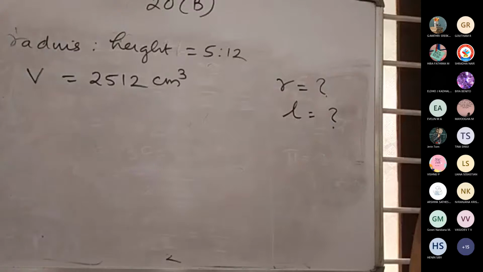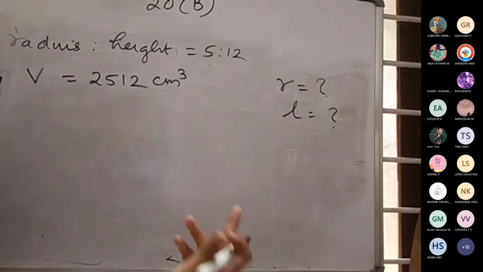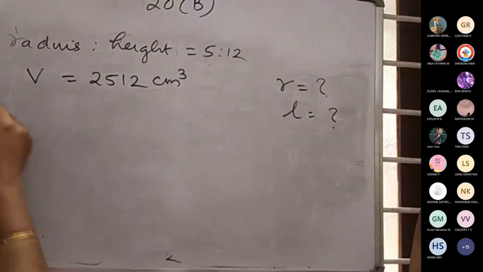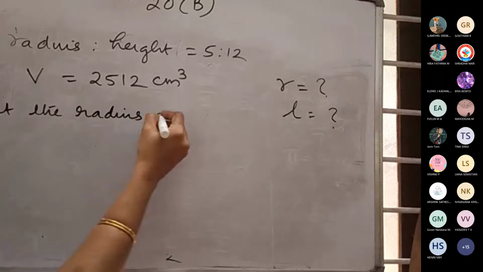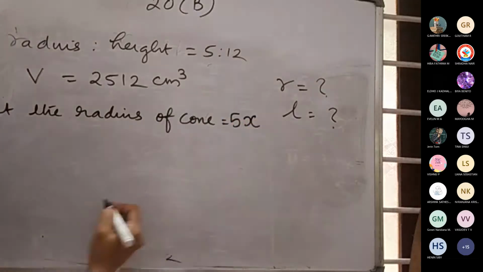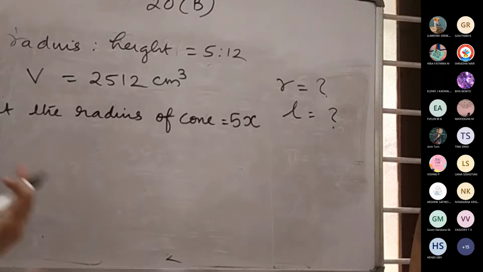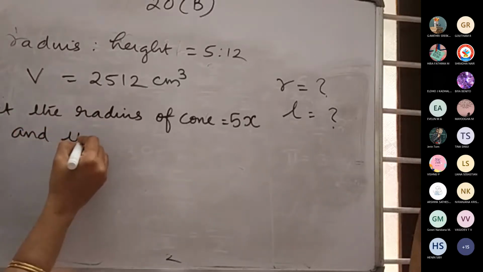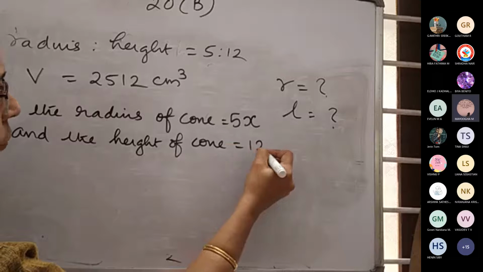So how can we? Radius is to height is 5:12, so the radius should be a multiple of 5 and the height a multiple of 12. We don't know them, so let the radius of the cone be 5x and let the height of the cone be 12x.